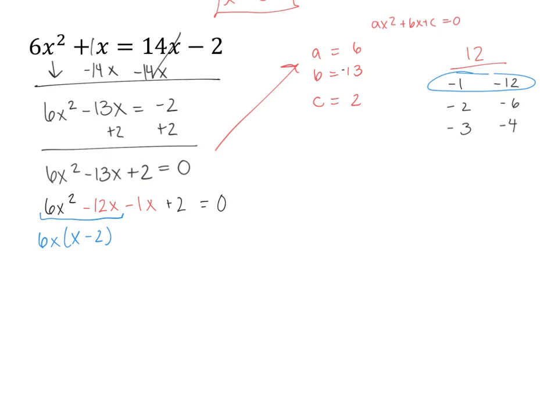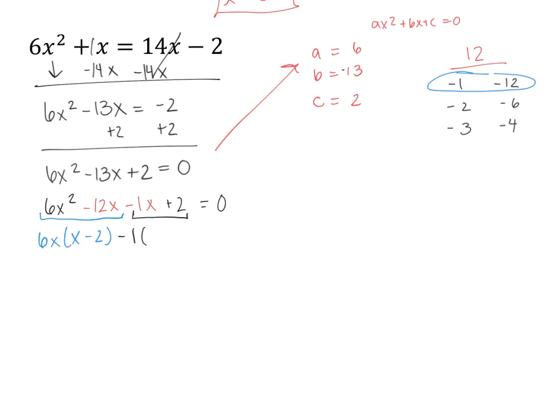Now I need to do my second grouping, and here, be careful with your GCF. First, notice that there's a negative in front, so you can immediately take out that negative. This is another one of those tricks: 2 is not your GCF here. You cannot do 1 divided by 2, so my GCF is just a 1.